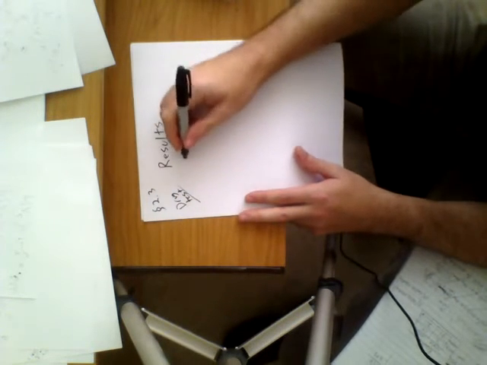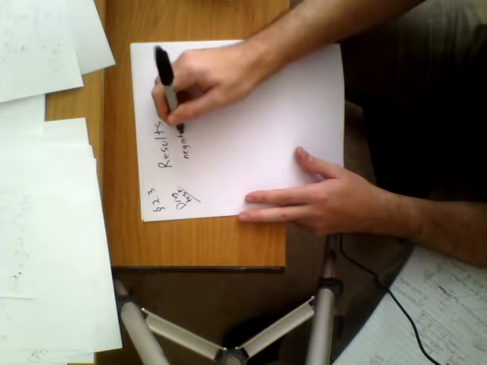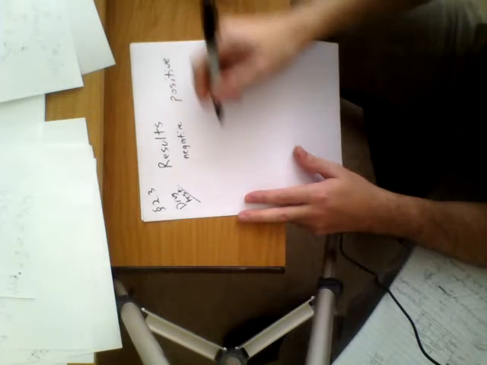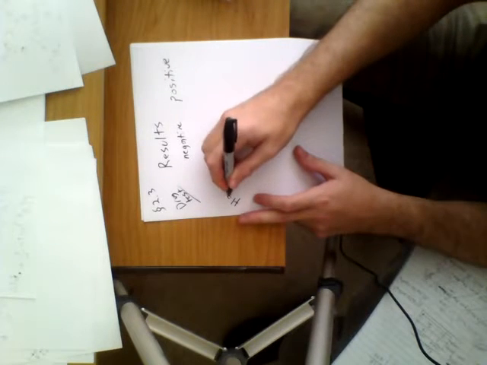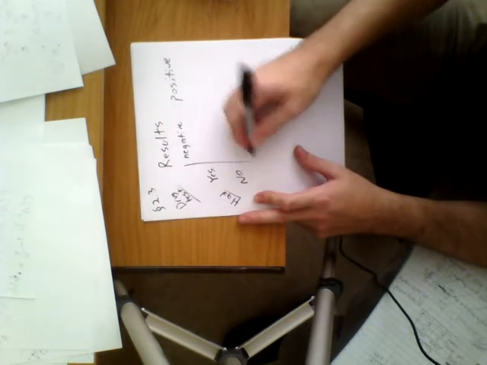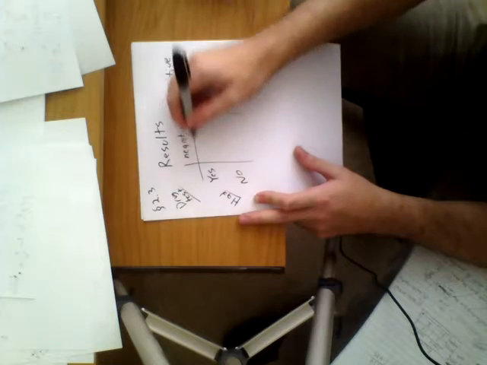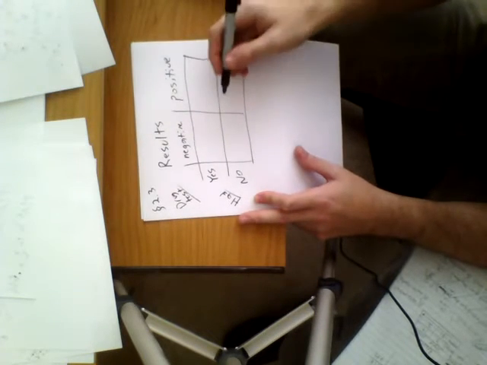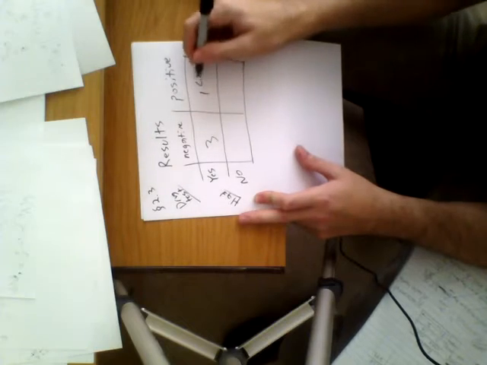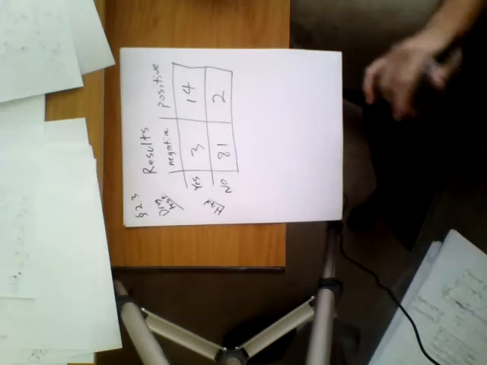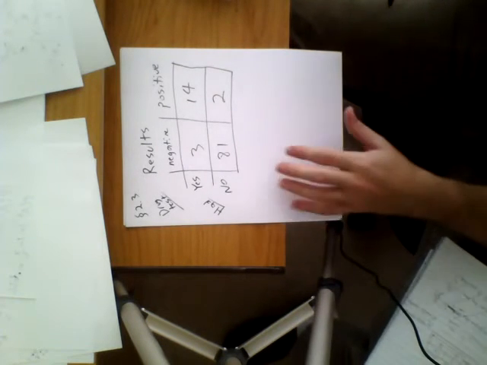There are some results: negative, positive, and whether they had it or not. So whether they had taken it, I guess. So yes or no. Alright, so I'm just going to put some numbers in here. Okay, so here's the information that we have.